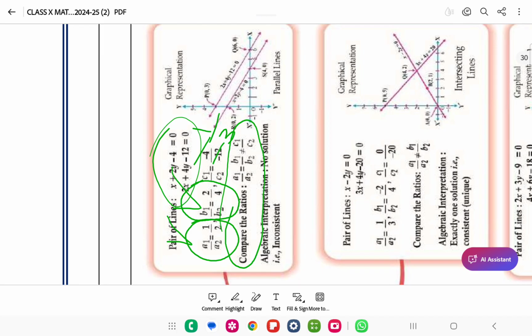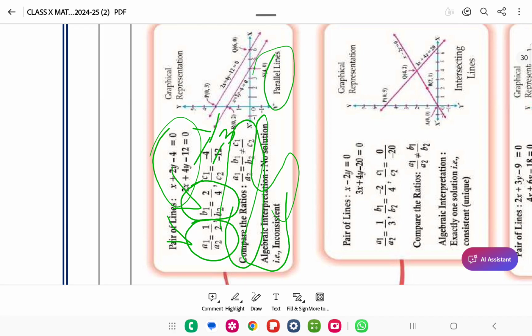So compare the ratios. Comparing the ratios, we get a1 by a2 equals b1 by b2, which is not equal to c1 by c2. It means the algebraic interpretation is no solution and inconsistent. No solution and inconsistent. The lines look like parallel lines.